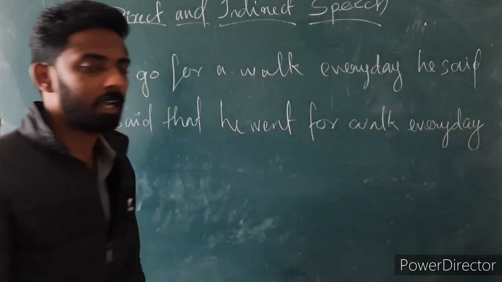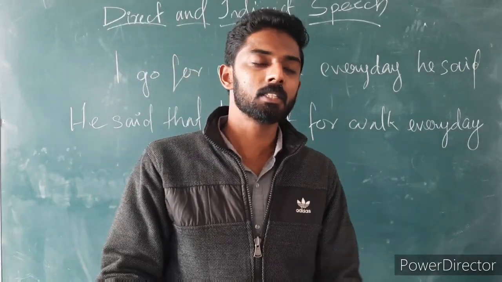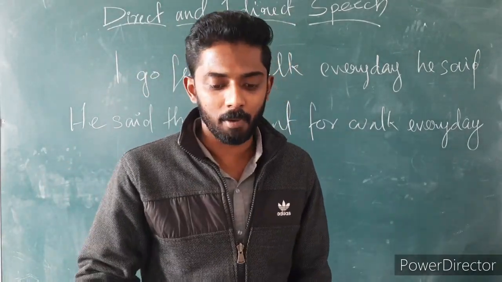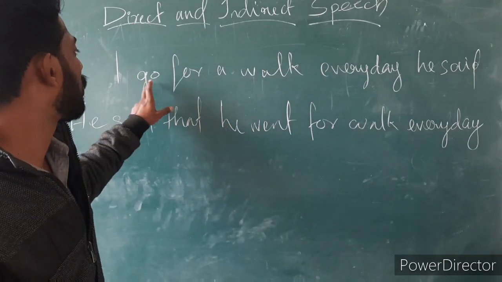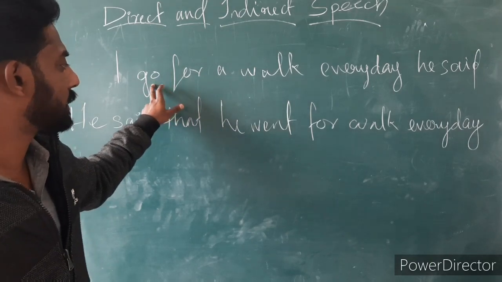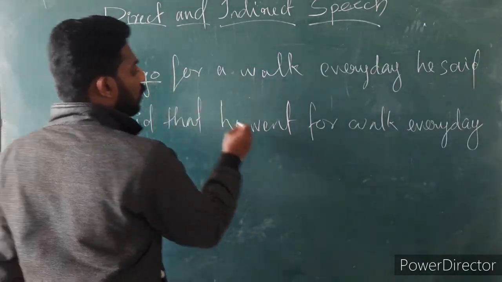So this is the transformation which happens. Simple present becomes simple past. Here, simple present "I go for a walk" is changed to "he went". So there is a change from go to went.